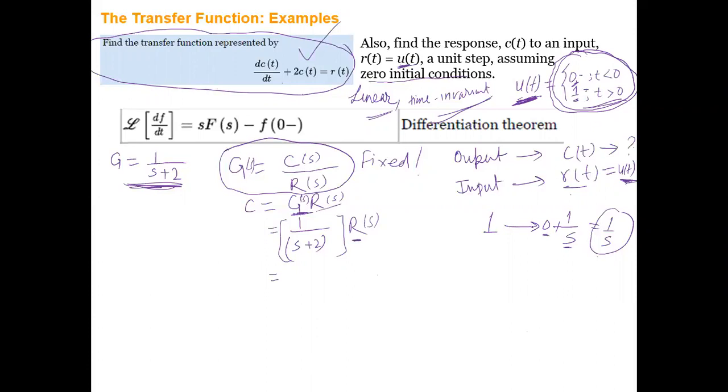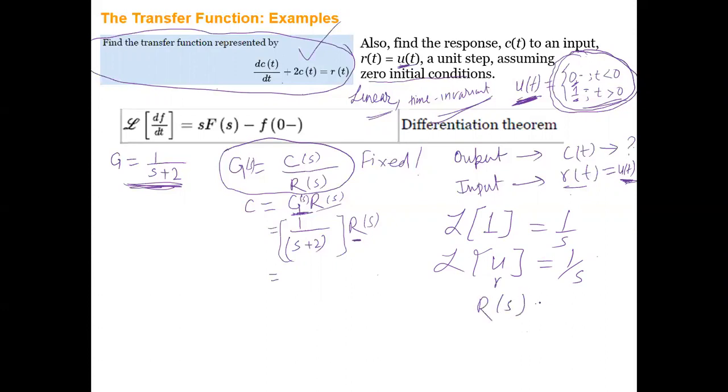So this is the conclusion: the Laplace transform of 1 is 1 over s, and the Laplace transform of u is also 1 over s. So my u is r, or you can say big R here. Big R is 1 over s.